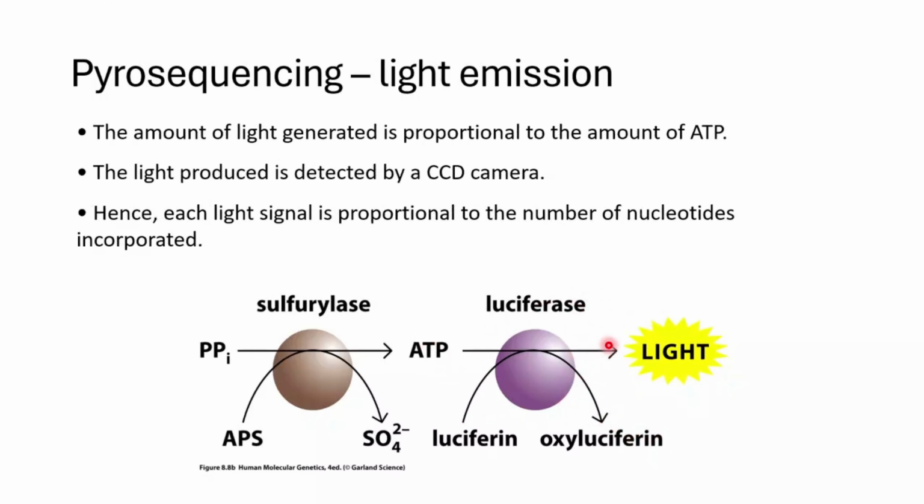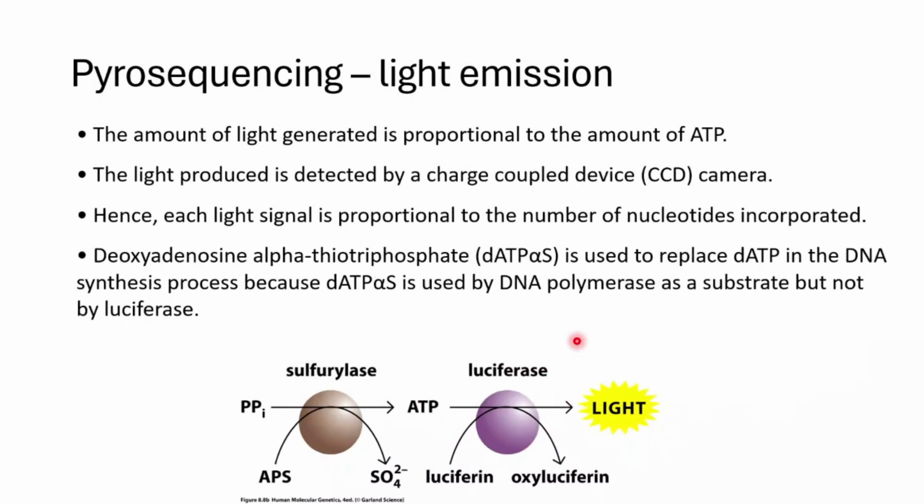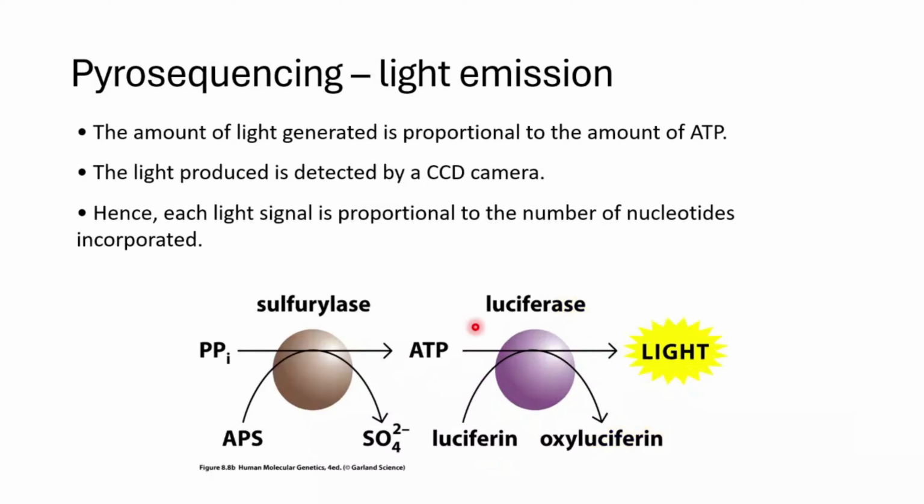You need to use a special dATP, which is probably next slide. Yeah, so I'll talk about that in a second, but the light that you're producing is proportional to the number of nucleotides incorporated, as I just said. So that means if you have, for example, 2 or 3 A's that are added in a row, you'll produce 2 or 3 times more light. Okay?